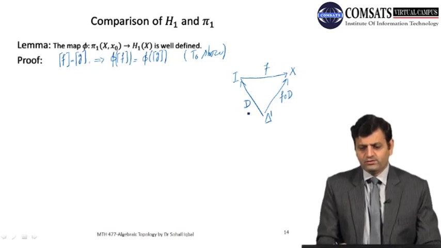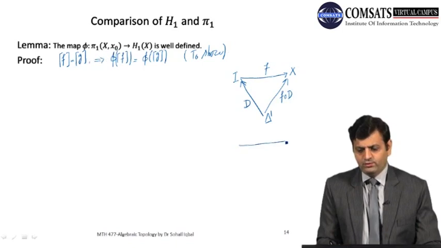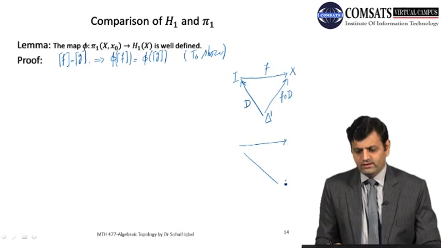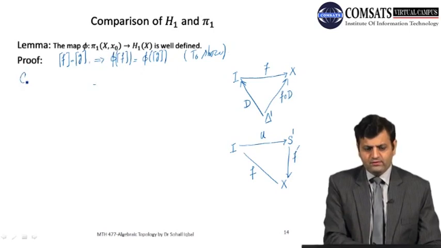Also, if I have a loop inside X, which is a map from I to X, then I can split this map through a circle, through this map u and this map f prime. So what is this map u?